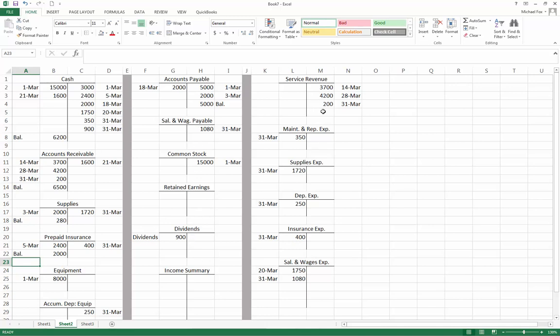Our service revenue will now have an $8,100 balance. All right, so we have all of our new balances, and now we should be ready to do our adjusted trial balance.